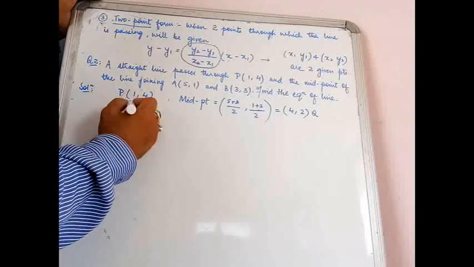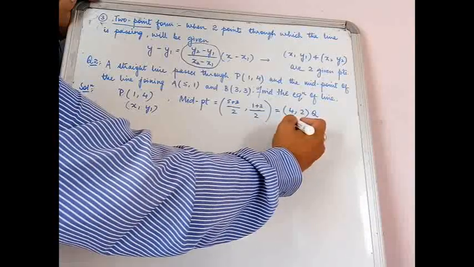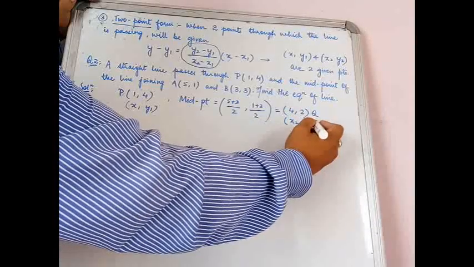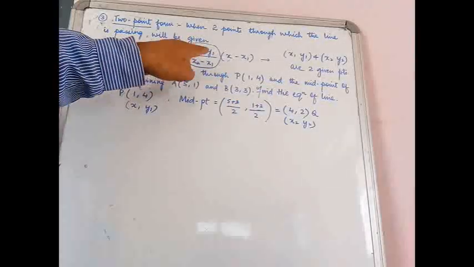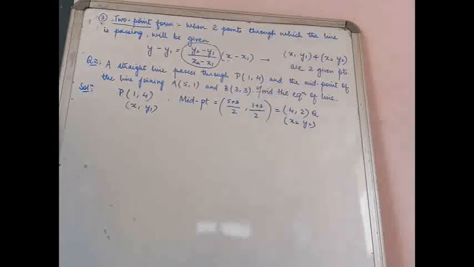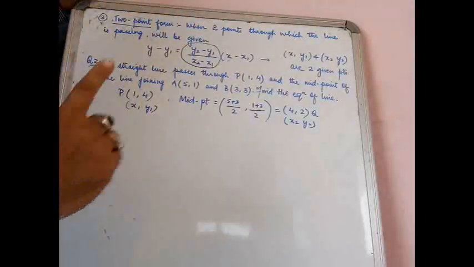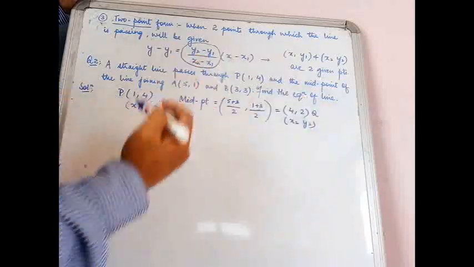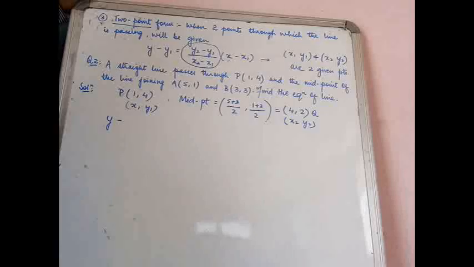I will call this point (x1, y1) and this point (x2, y2). Why am I calling these x1 y1 and x2 y2? Because we need these 2 points in this particular form. Now I'll try to use this 2 point form, because remember we have to find the equation of this line.